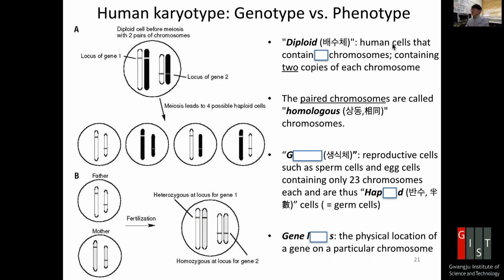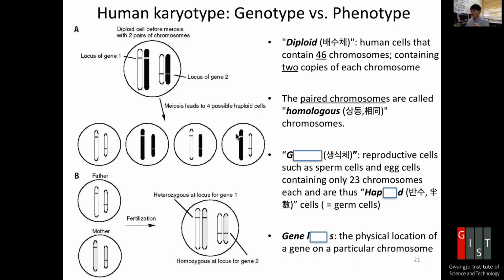Human cells contain a total of 46 chromosomes, which is 2 copies of each chromosome, and we call that diploid. Di means a pair, or 2. The paired chromosomes are called homologous chromosomes.